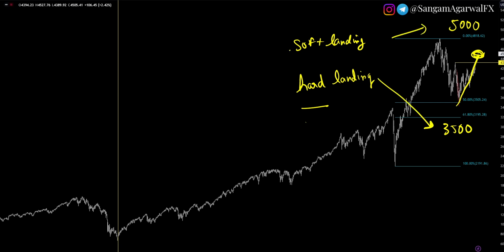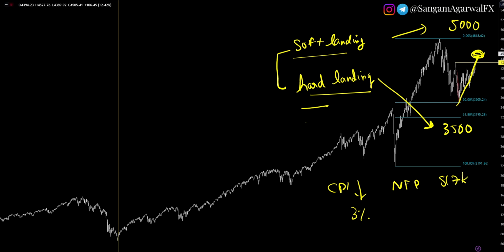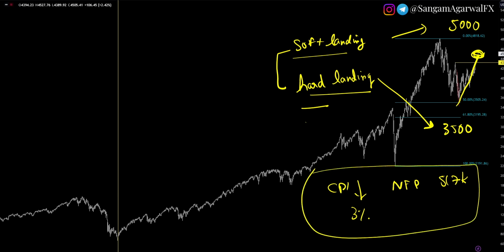But there is a lot of news to confirm whether we are in soft landing mode or hard landing mode, and right now CPI is down to 3%, and NAP is down. In the beginning of the year it was 517k NAP, but there is not a big downtrend in NAP. So this is your soft landing formula.